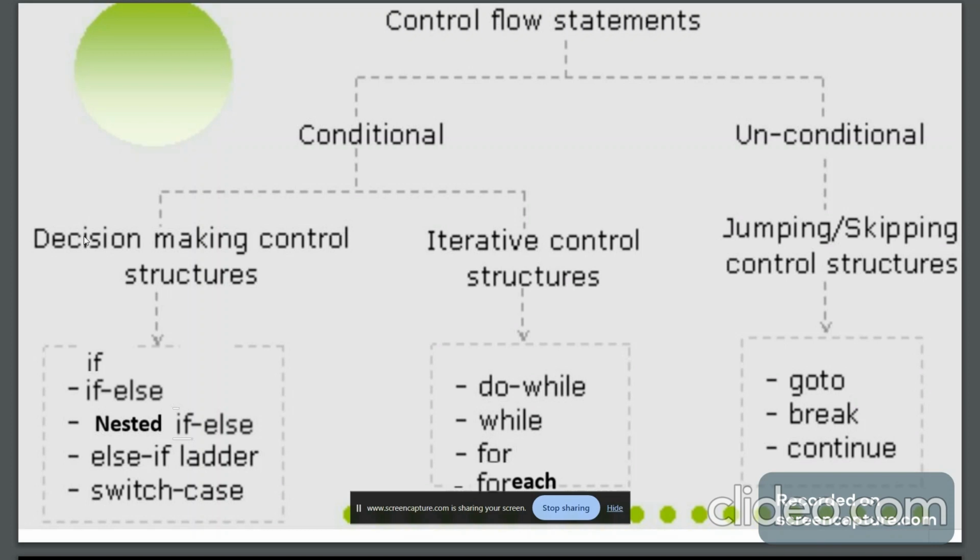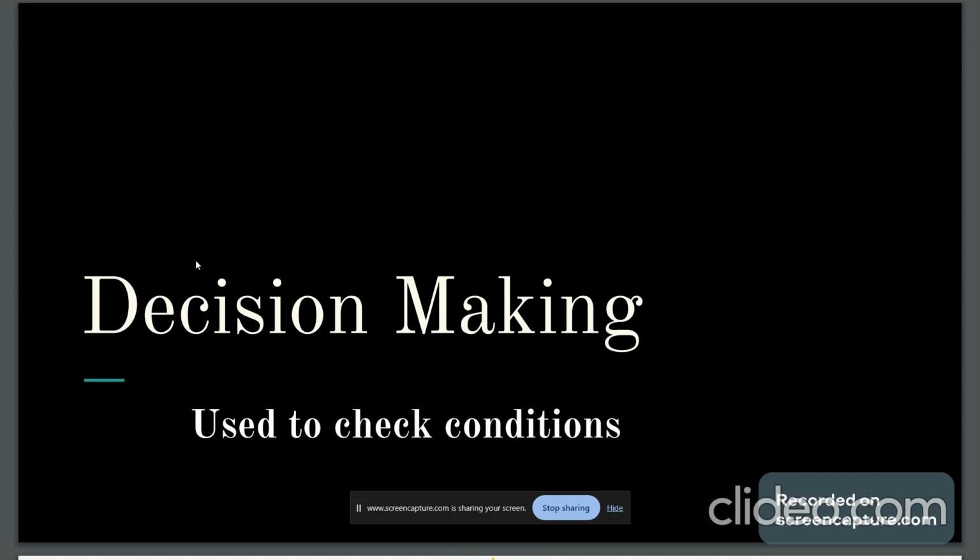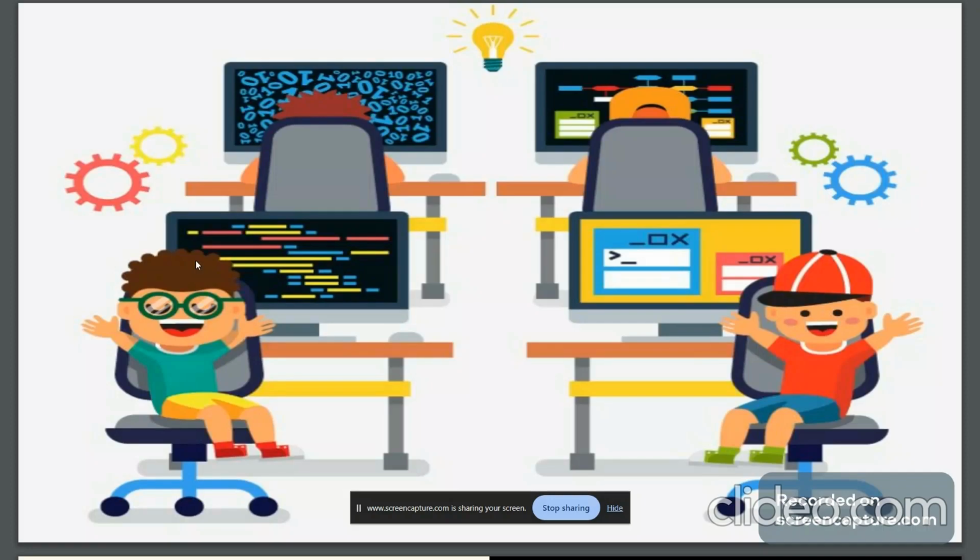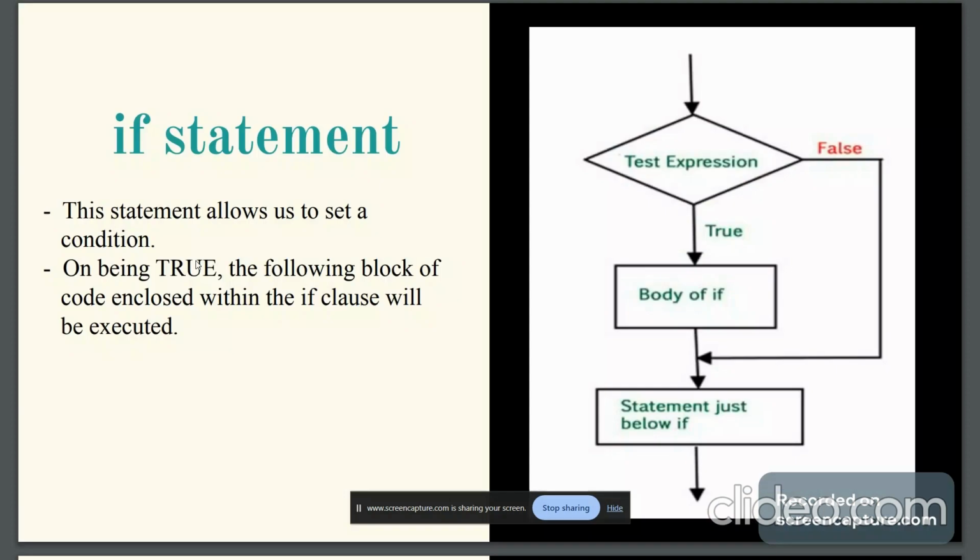Now we will see the decision making or branching statements. These are the statements where we want to check the condition. Now we will see how to write code for decisions or checking conditions, starting with the if statement. If means we have a question mark, we have to check. So the if statement is used to check a condition, and it will show only the true side.